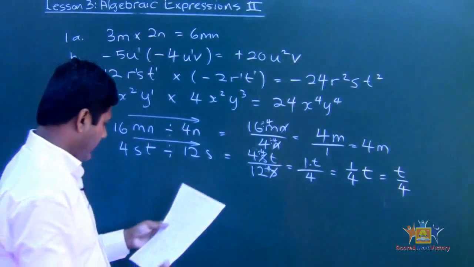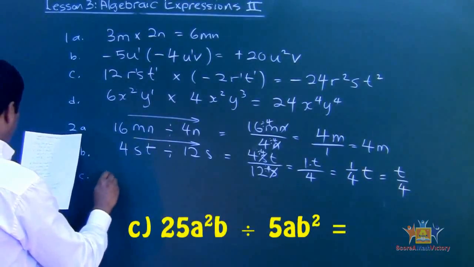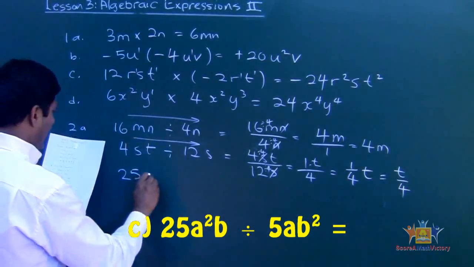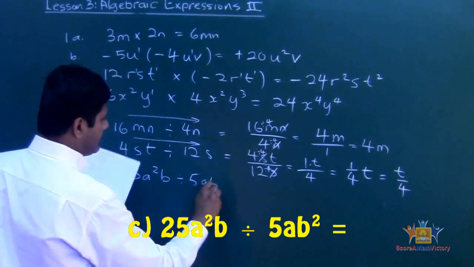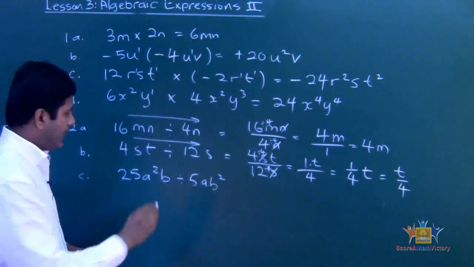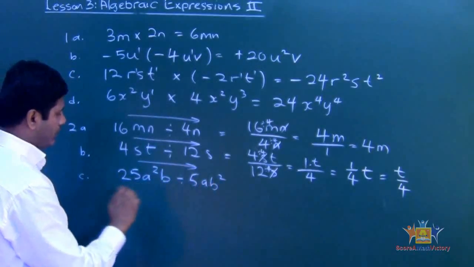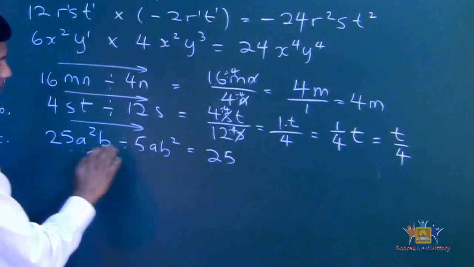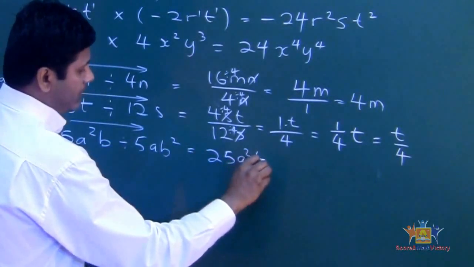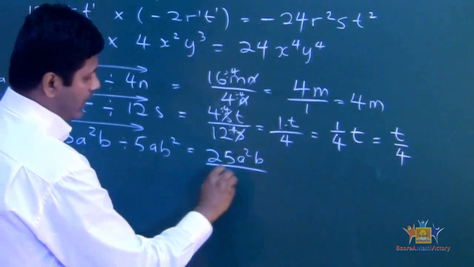All right, good. Let's look at problem C. Problem C, you're given 25a squared b divided by 5ab squared. Again, same principle. We're going to use the right arrow method from left to right. We're going to read exactly what it says: 25a squared b over 5ab squared.